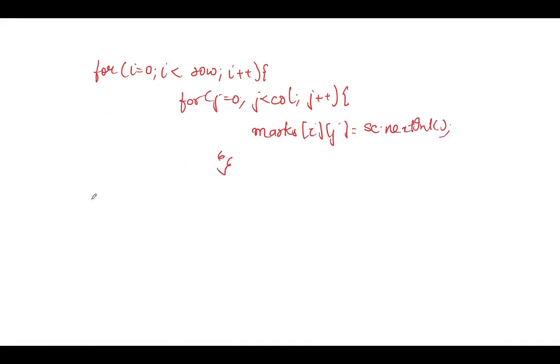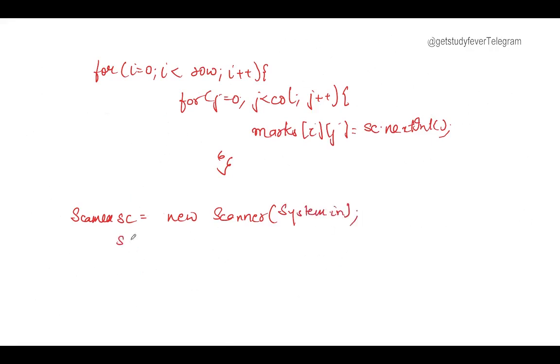Just like if we have to take input in a variable, we do Scanner sc equal to new Scanner(System.in). This you must have learned by now. And then we do a equal to sc.nextInt. Similarly here we have marks[i][j] working as a.